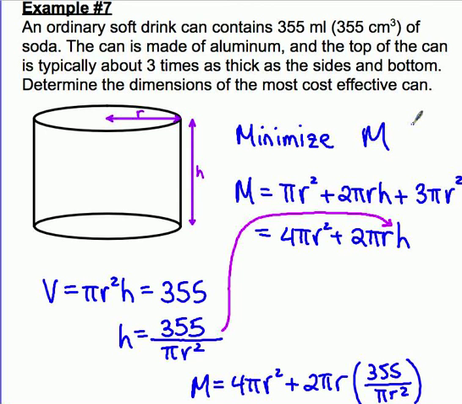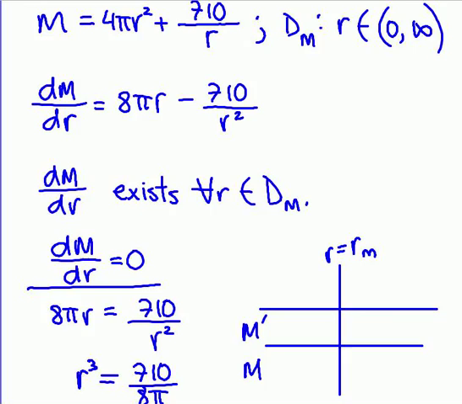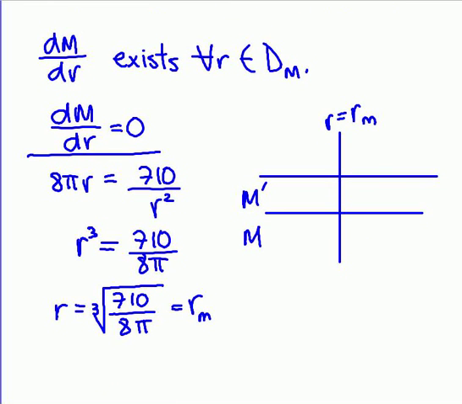And so I know that at the extremes, the cost of this, the amount of metal I'm using, is going to infinity. So therefore, I know that the amount of metal as I approach this must be decreasing, and as I move away from it, it must be increasing. I know that it was 0 there, and that tells me that this is a local minimum. I know that the derivatives must have gone this way for that to be true.